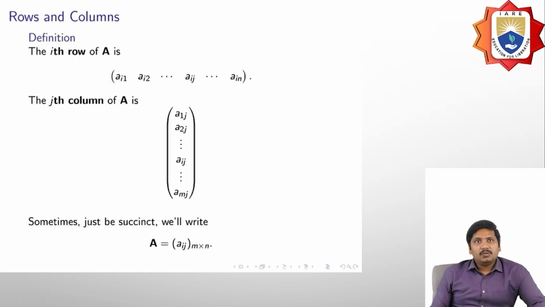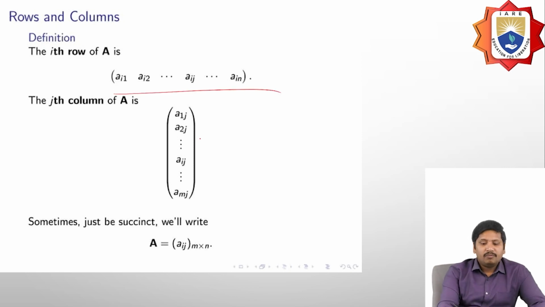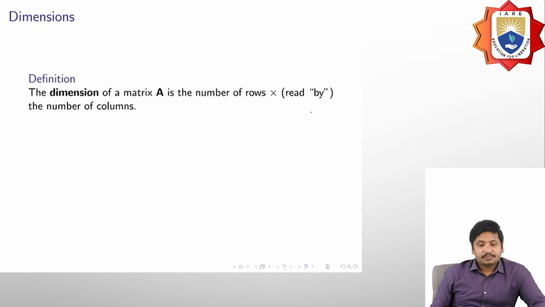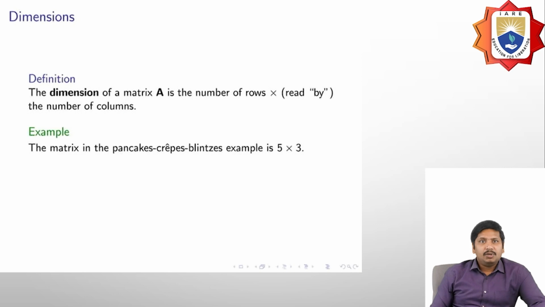So here we have rows and columns in the matrix. This should be the row of the matrix and this should be the column of the matrix. The dimensions of the matrix are written as number of rows by number of columns. For example, this one is 5 by 3.